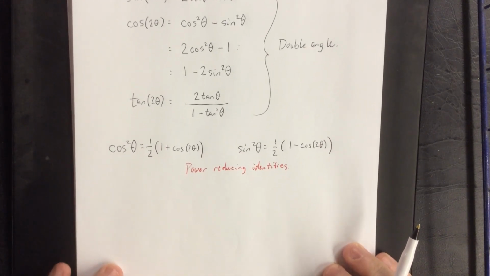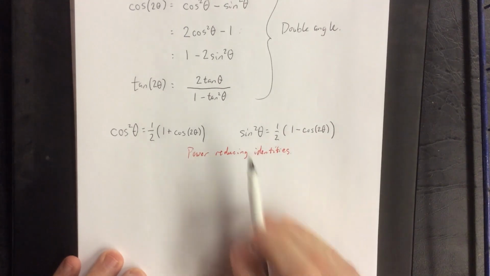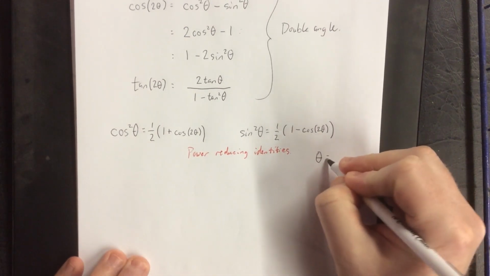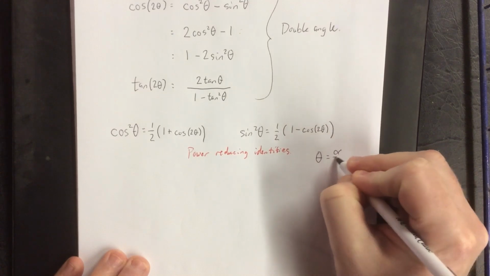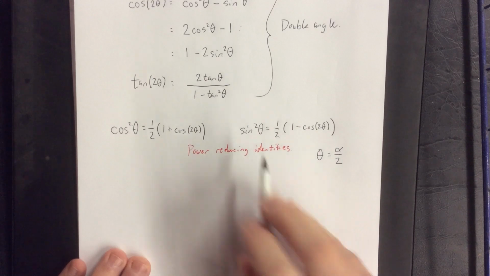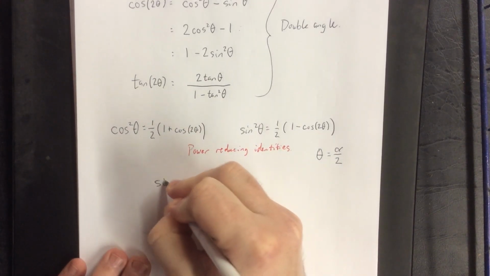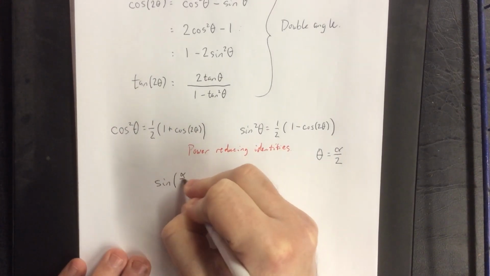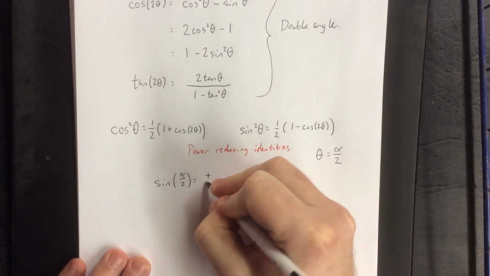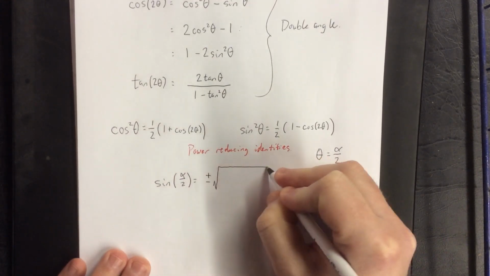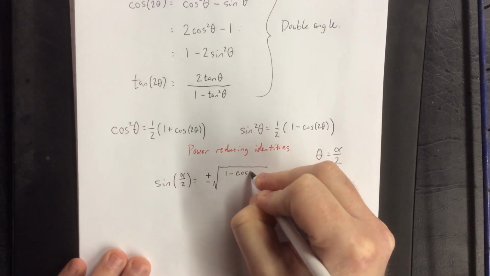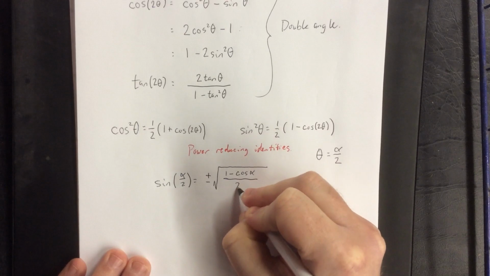Now, solving for the sine of theta in the first one and replacing the theta with half of an angle, we'll call it alpha over 2, we would get the following. The sine of alpha over 2 is equal to, take the square root of both sides, plus or minus the square root of, we'll also condense this to one single fraction, 1 minus the cosine of alpha all over 2.